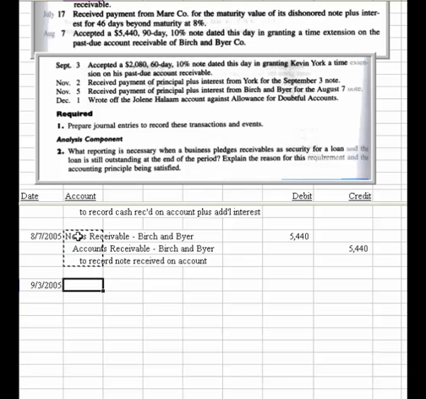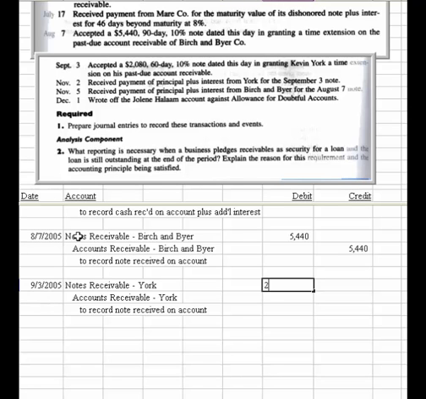Going to copy that from there, change the name to 9-3 instead of Birch and Buyer. This one is from York. And September 3rd was $2,080 was the dollar amount. So what we've done on this one is we've recorded a note received on account as well.